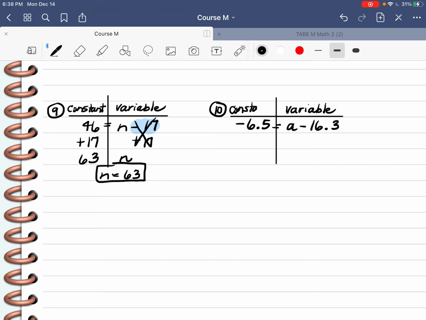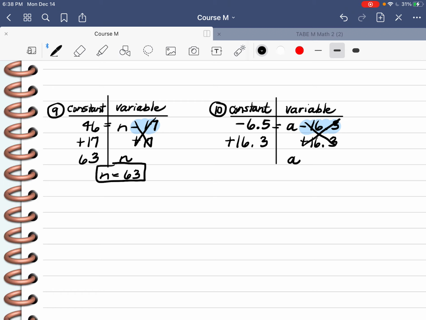Find your constant. What needs to move? Add 16.3. Cancel. Copy.